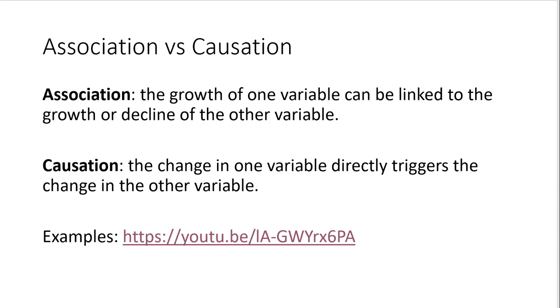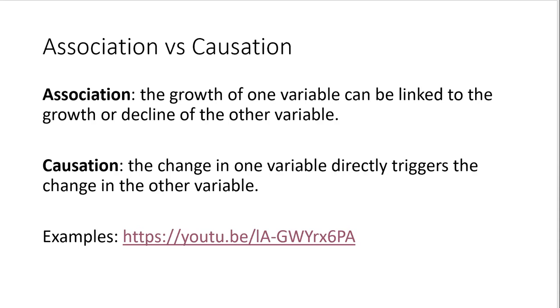Okay, now association. Association is when the growth of one variable can be linked to the growth of the other, or decline of the other variable. So we see that there is a correlation between two variables.